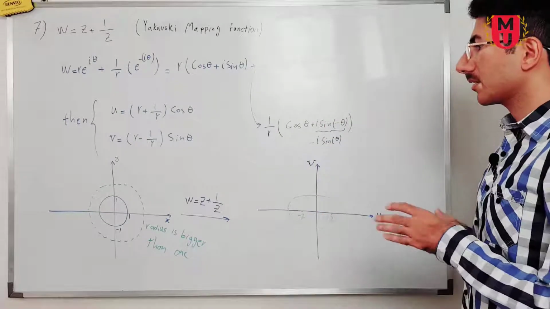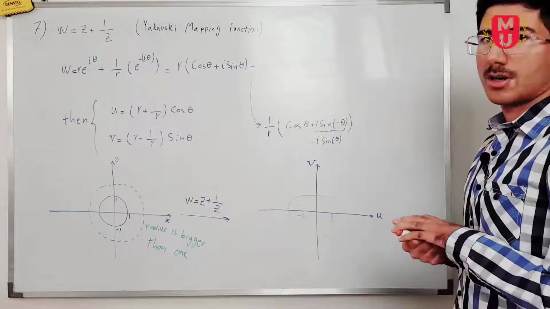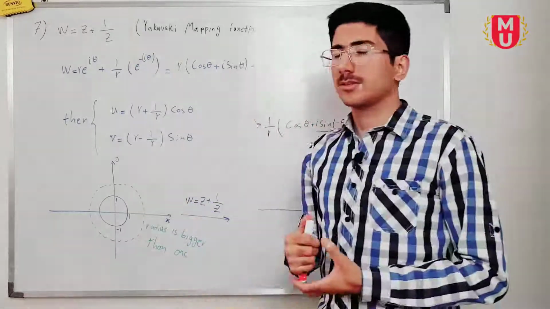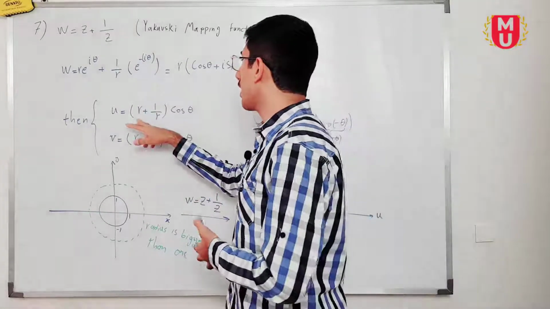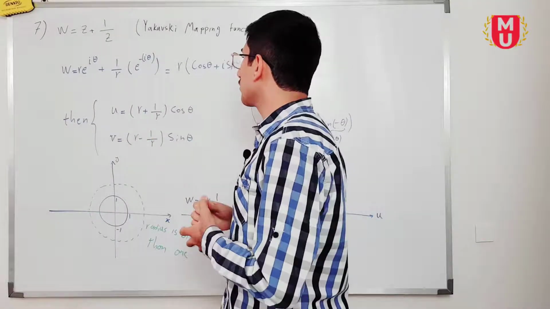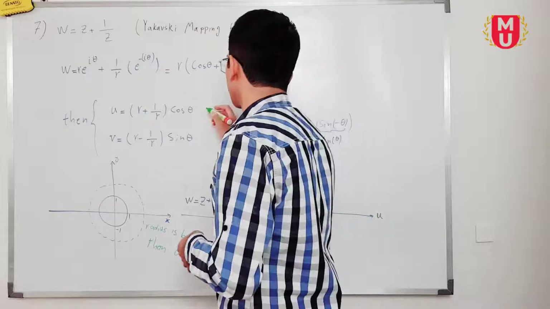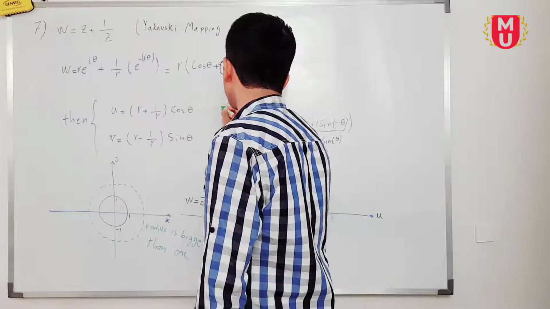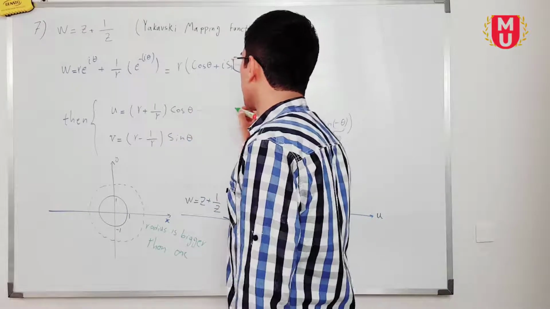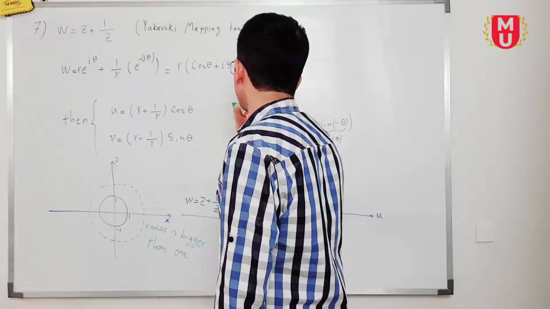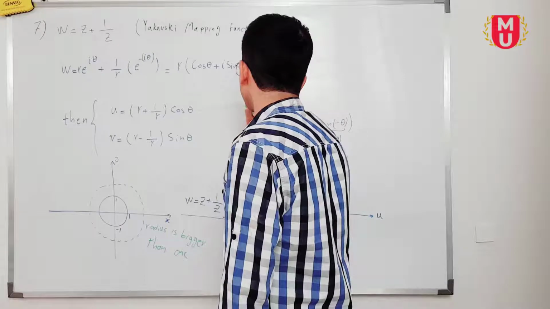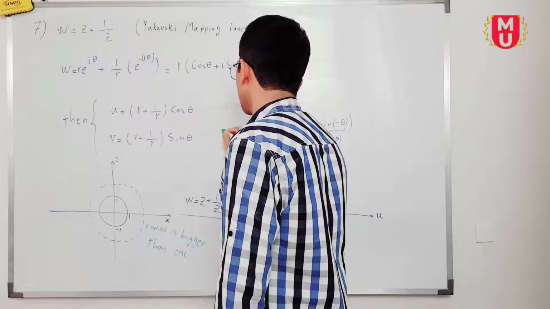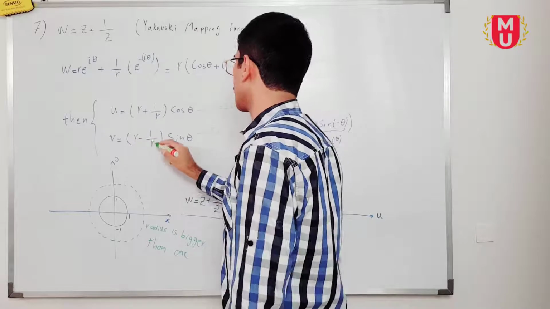Another thing that maybe we should consider is the unit circle. What will the unit circle become if we put r equal to 1? We write it down like this: u equals 1 plus 1 over 1, which is 2, times cosine theta, and v equals 1 minus 1, which is 0.